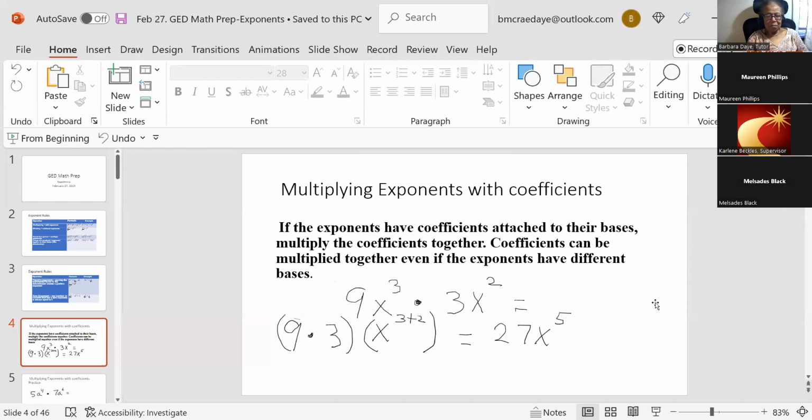Coefficients can be multiplied together even if the exponents have different bases. Now here we've got 9x to the third times 3x to the second. 9 times 3 is 27. Multiplication, add the exponents. 3 plus 2 is 5. This is 27x to the fifth.